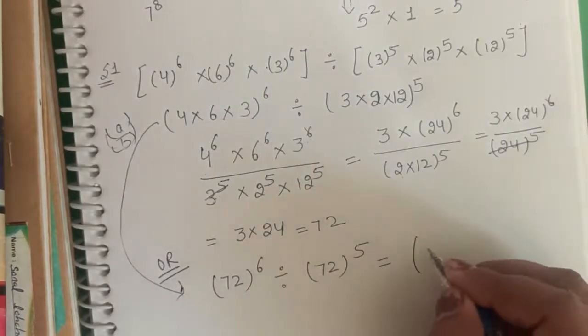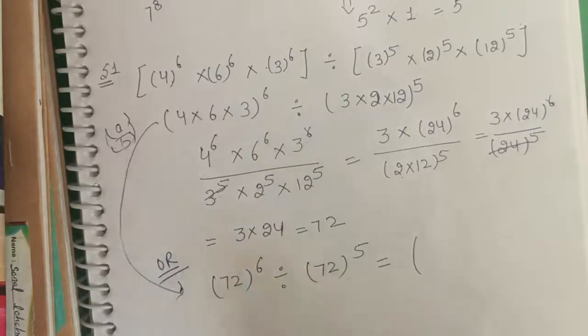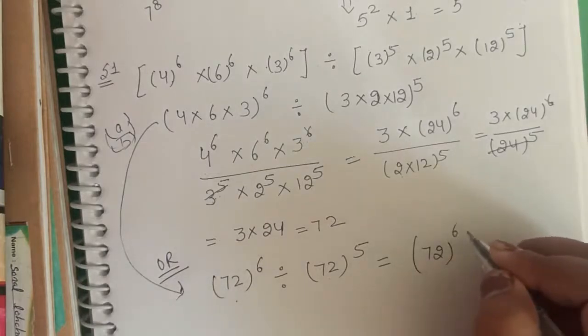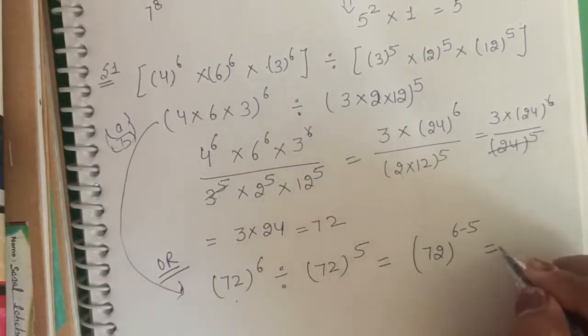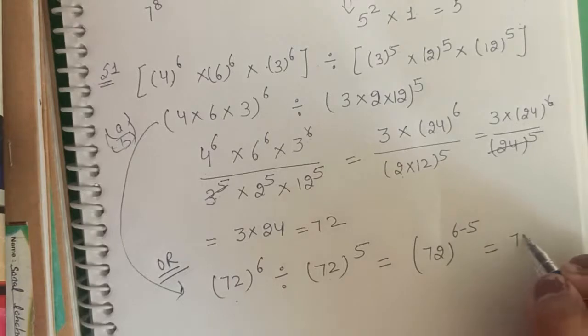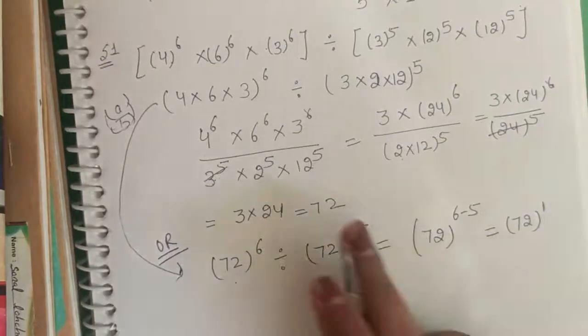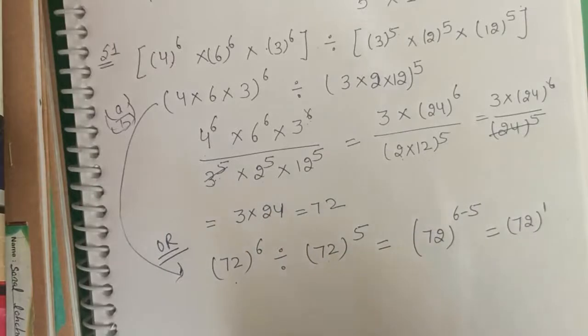So we can write it like this, and we know when base is same, powers are subtracted. So 72 will remain as it is, 6 minus 5, it is equal to 1. So 72 to the power 1. Clear? Your answer will be as it is.